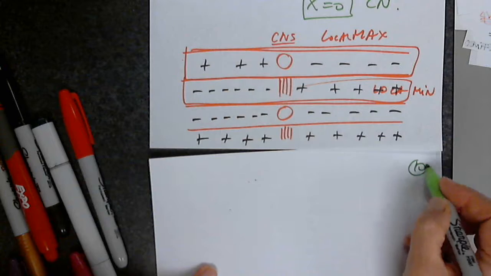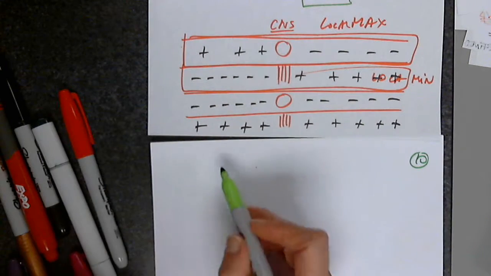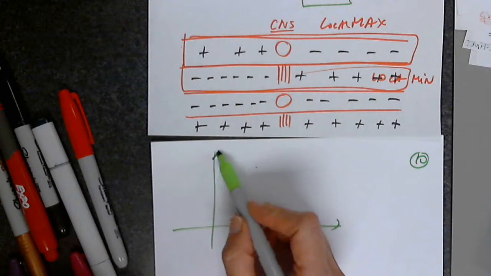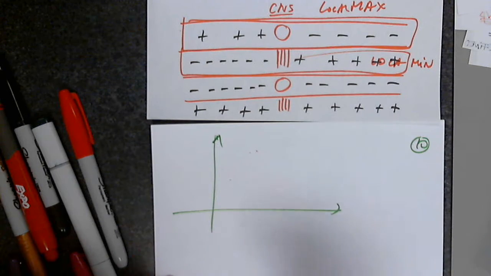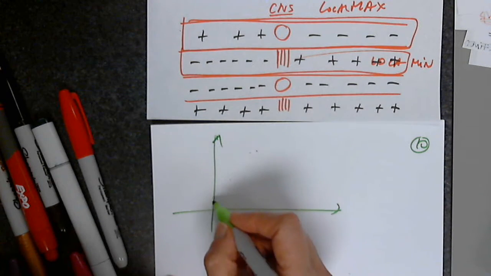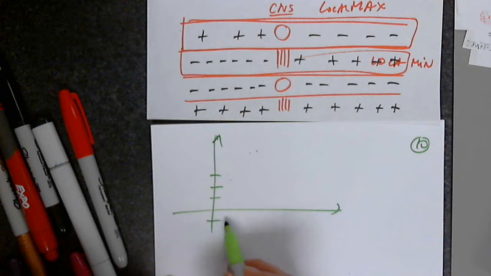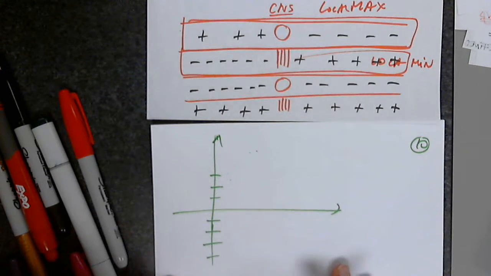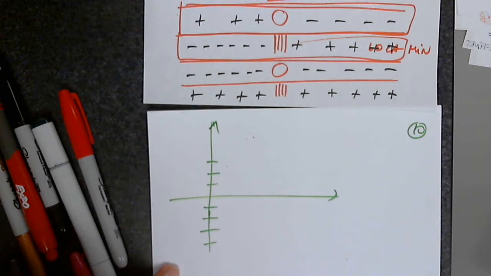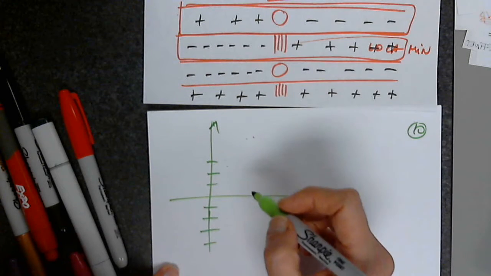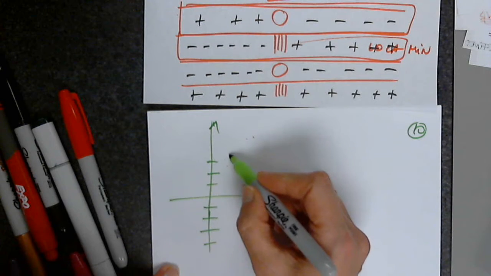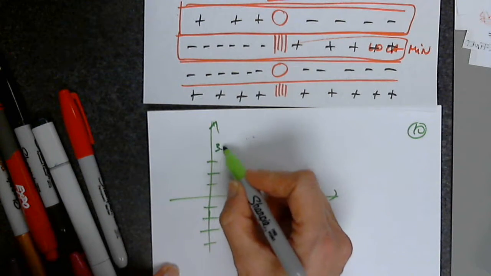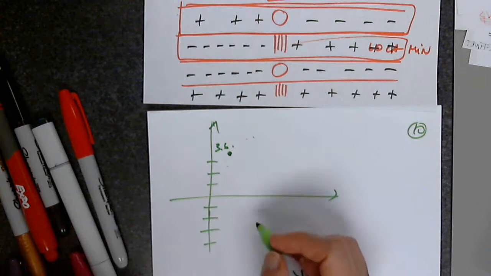This is not a graph of the function. I'm just putting my y values so I can see them. So let's say 1, 2, 3, 4. This is 3.6, height 3.6.